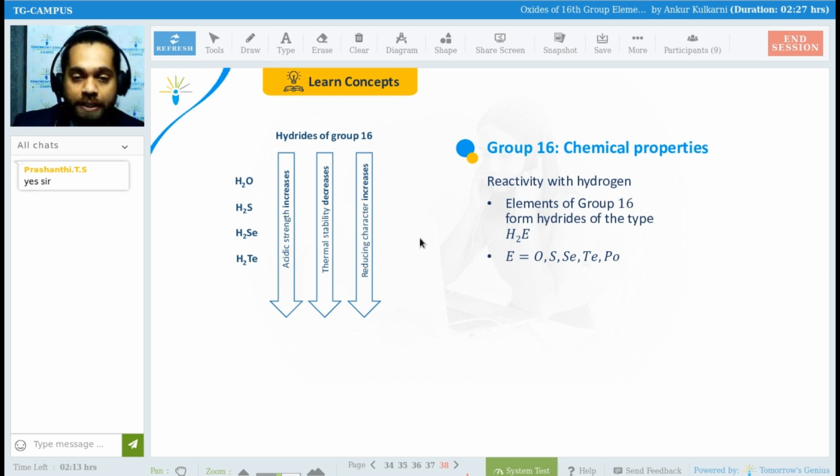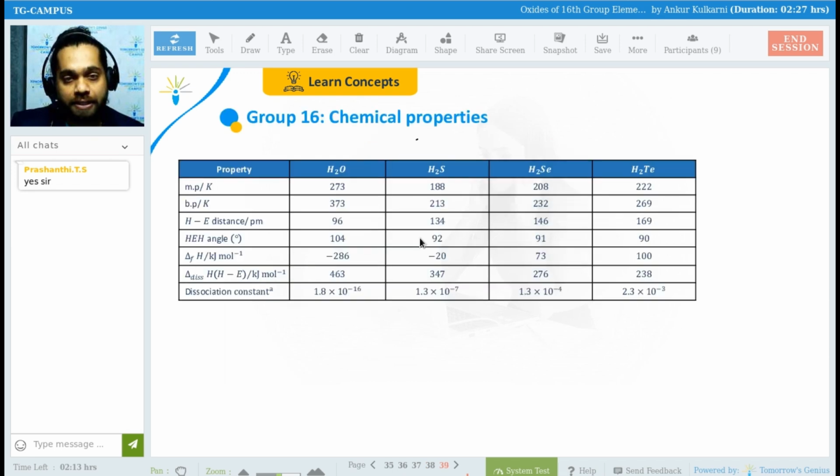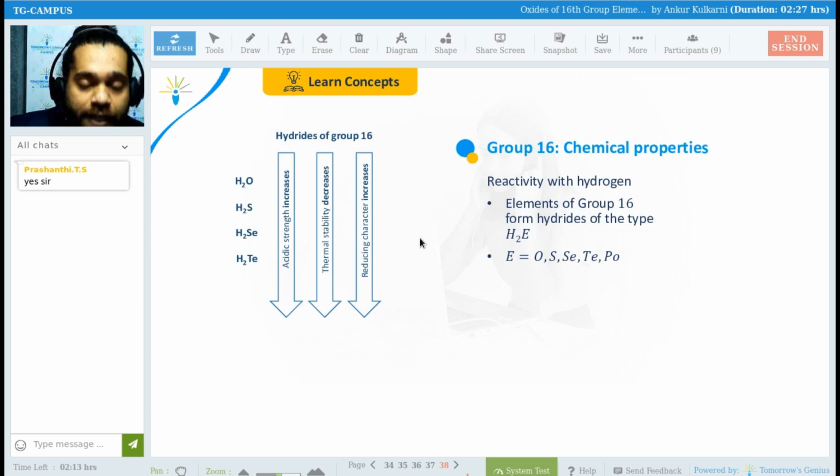Let us begin. Group 16 we have already started. The first element in group 16, we know, is oxygen. We started studying the acidic character. As we go down the group, H2O, H2S, H2Se, H2Te, what happens to the acidic character?